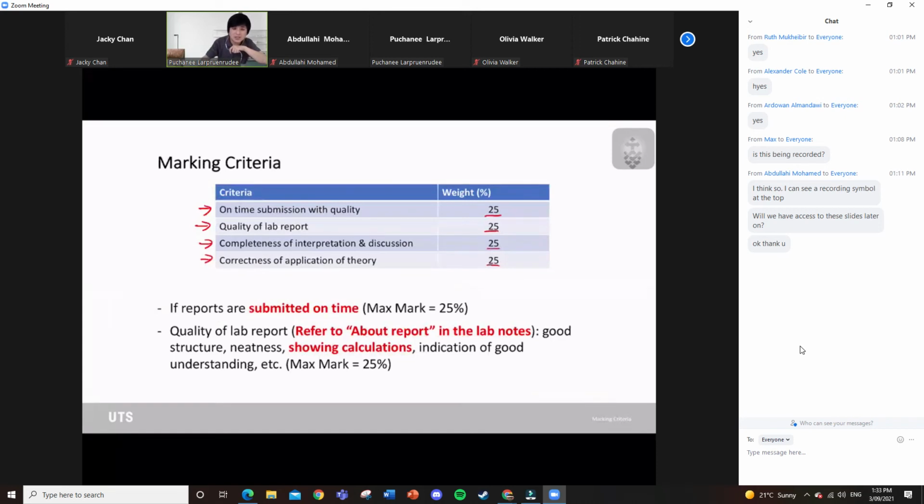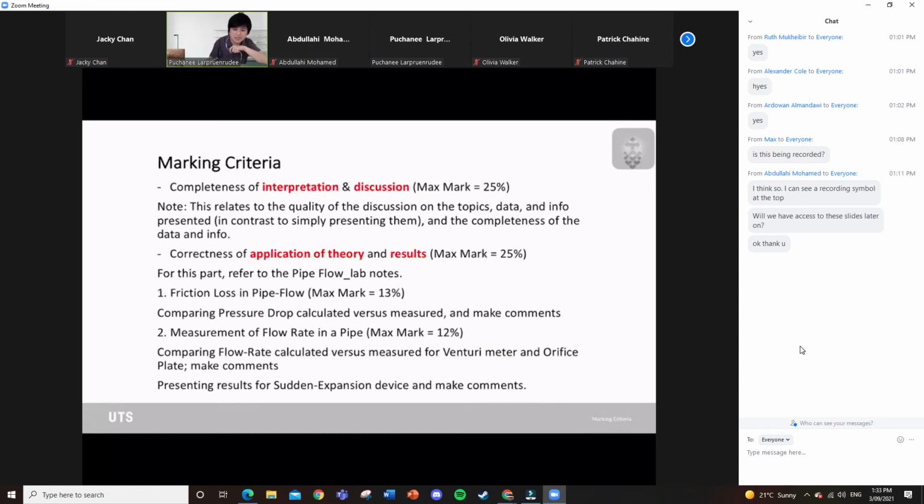So again, on-time submission, you will get maximum mark, 25%, and the quality of lab report refers to the report requirements in the lab note. Again, showing calculation. You will get the maximum mark is 25%. And another 25% comes from interpretation and discussion.